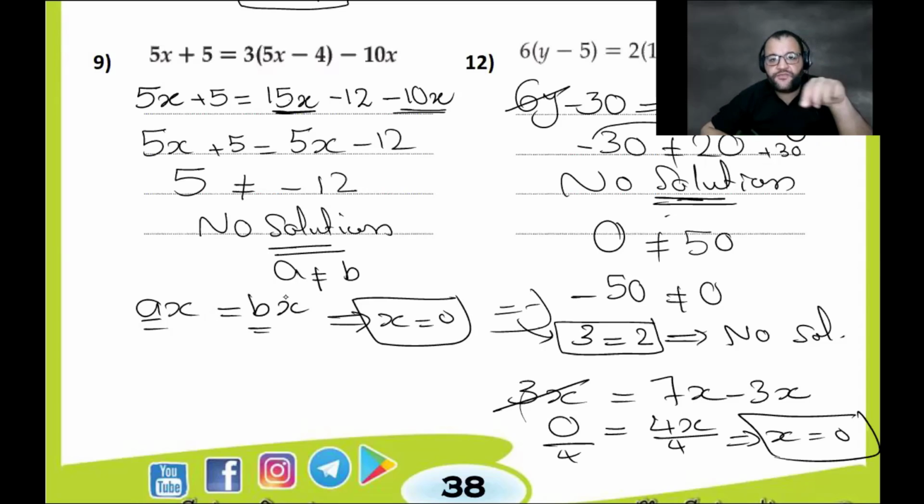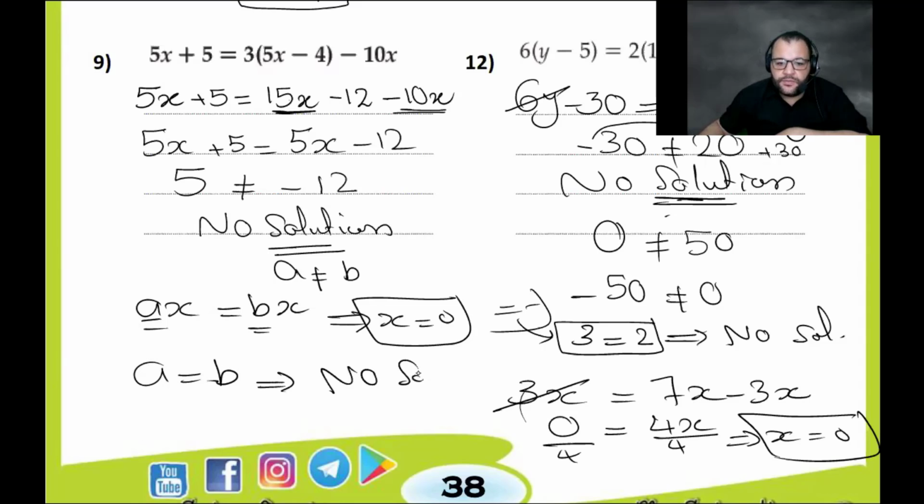There is a solution for this equation. But when I say that a equals b, two different numbers, it means there is no solution. The two numbers are different, no solution. But if you have ax equals bx, it means x is equal to 0, because any number times 0 equals 0. Then the only value which makes the left-hand side equal to the right-hand side is 0.